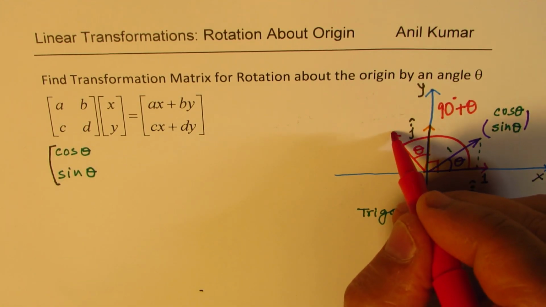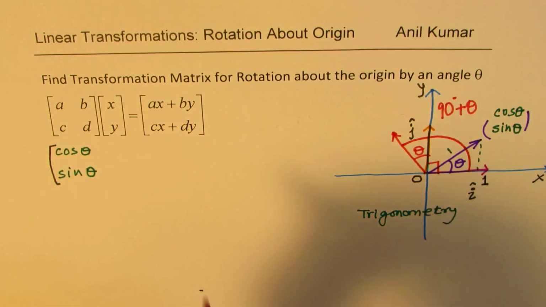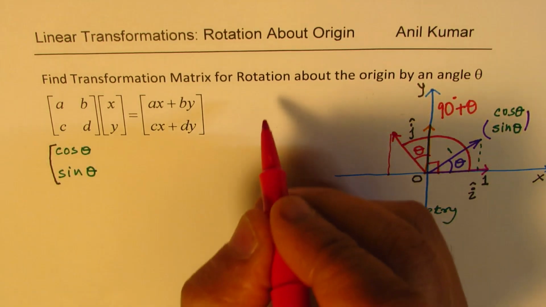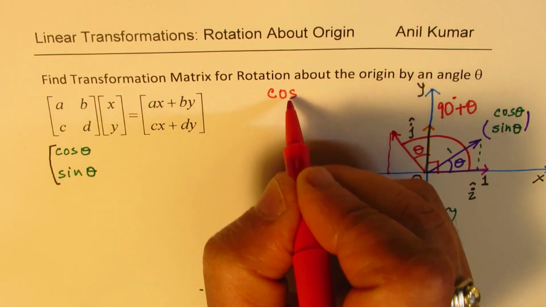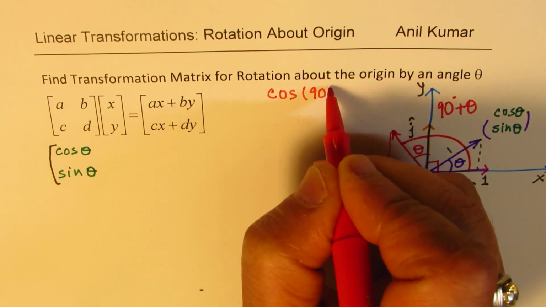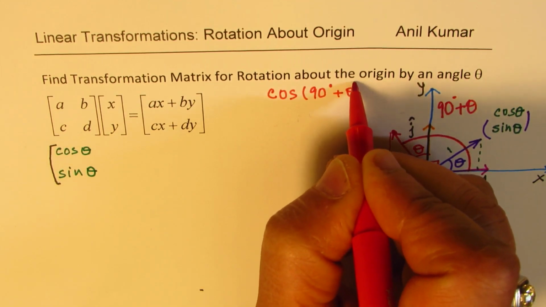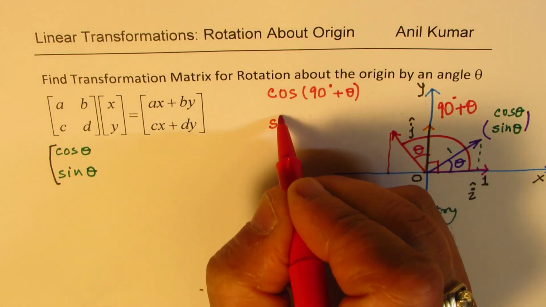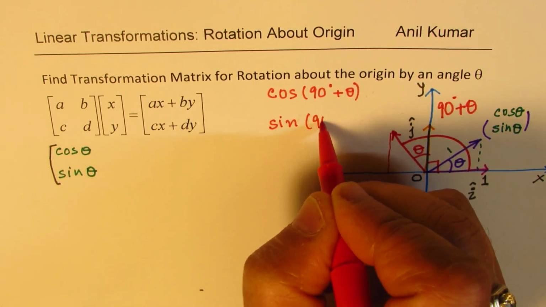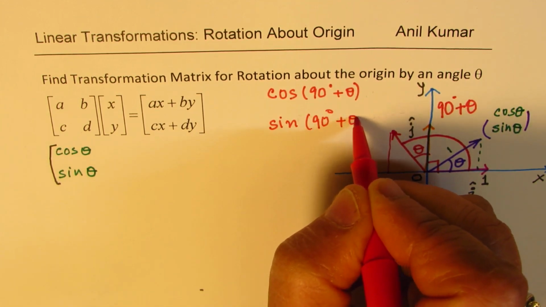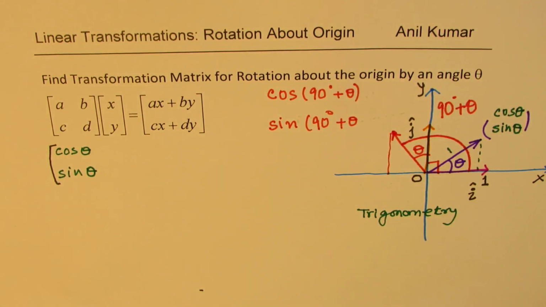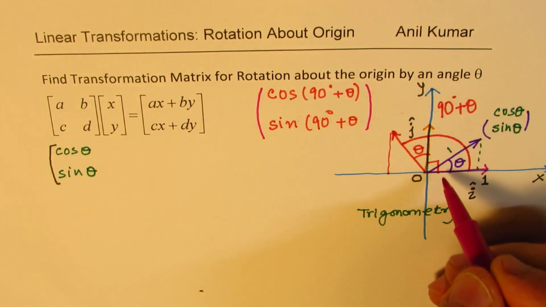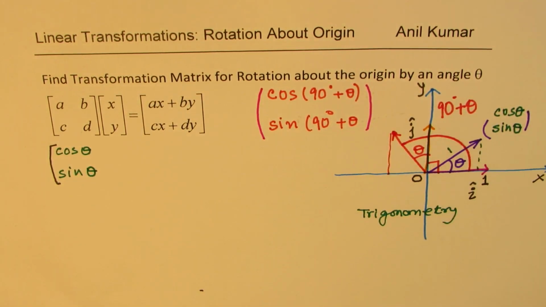So the new position here could be written as, as far as the cosine value is concerned, cos of 90 degrees plus theta. And as far as the sine value, the y value, is concerned, it will be sine of 90 degrees plus theta. Is that clear? So that is going to be my new position after a rotation of theta.